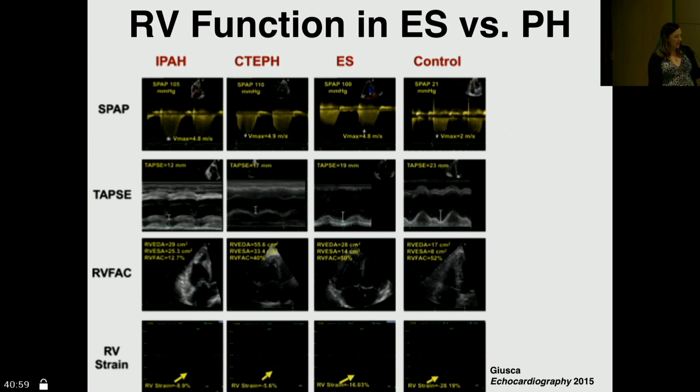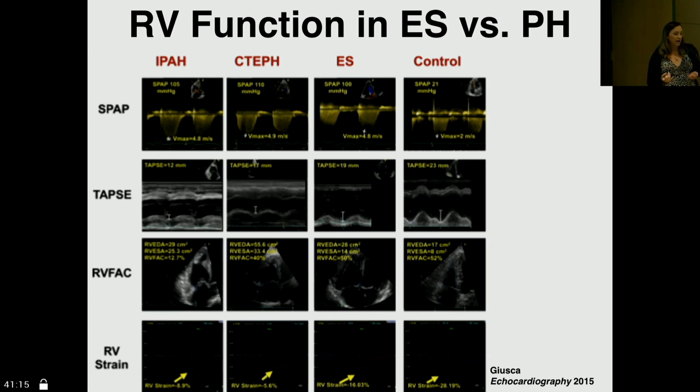So this is an echo study, obviously. The patients on the left side are idiopaths and those with chronic thromboembolic pulmonary hypertension, or CTEPH, and then Eisenmenger syndrome patients compared to controls in the rightmost panel.